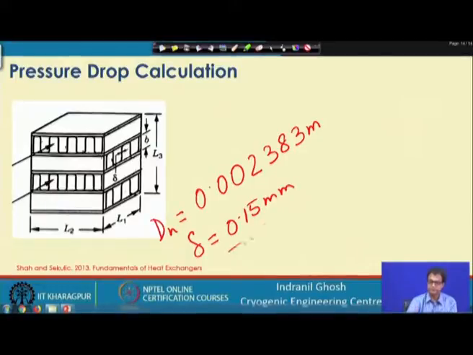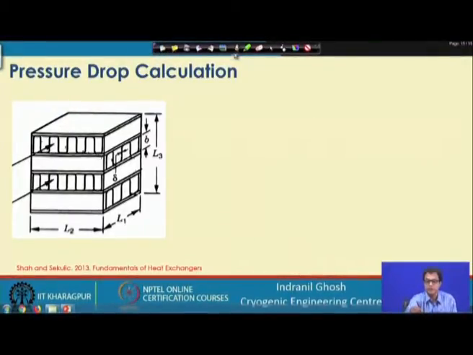As you can understand, if we use a thicker fin, the pressure drop is going to be higher. We have also been given the free flow area as well as the frontal area.